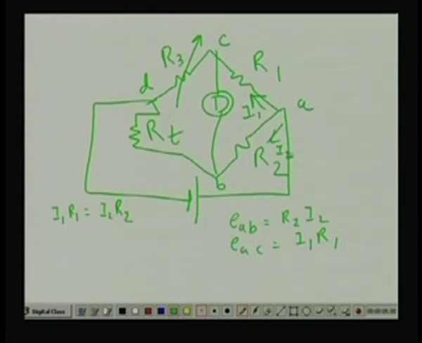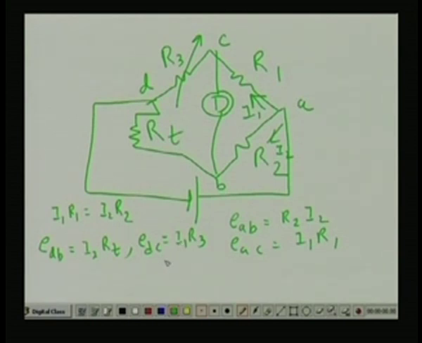Similarly, on this side, because at balance all the current will pass through this one and no current will flow through the detector, I can write EDB will be equal to I2 into RT, and EDC, the same current I1 will flow through this one, so I1 into R3.